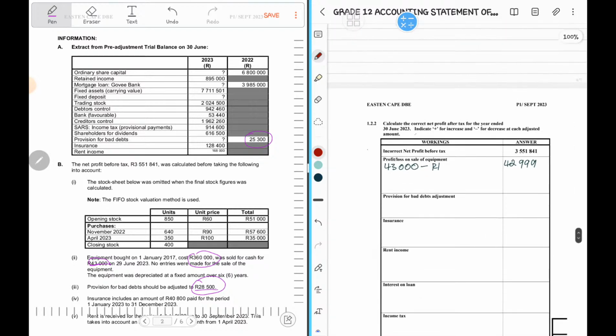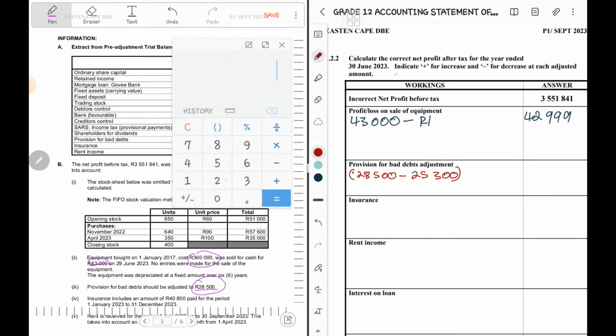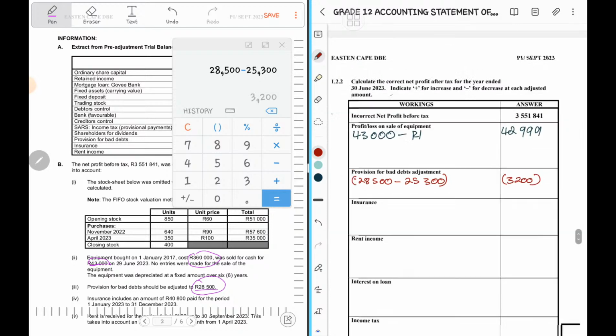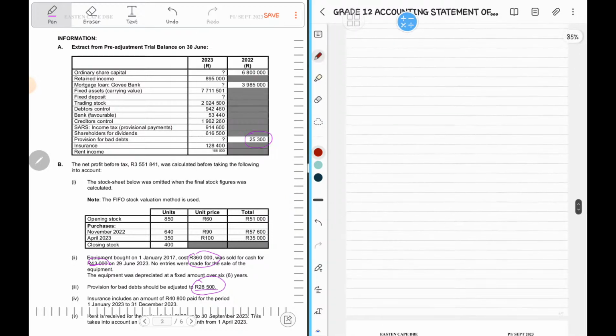So when we come here, we're going to say provision for bad debts is 28,500 minus 25,300. That gives us 3,200. Remember, it has increased, so it is an expense. So it will be 3,200 as an expense. Okay, then next up, it will be the insurance.